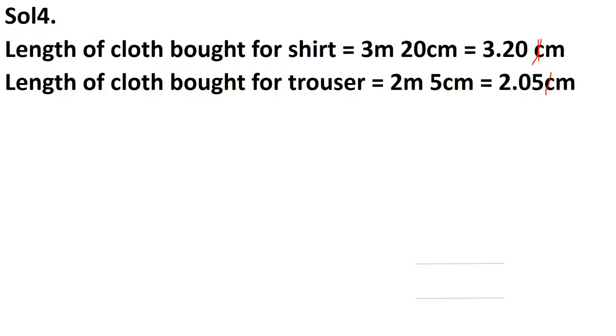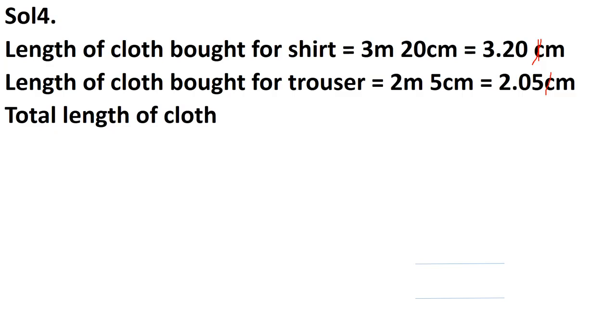Isn't it? This we have done earlier, that how to convert centimeter into meter. 100 centimeter equal to 1 meter. So 5 centimeter equal to 5 upon 100 meter. So decimal will come before 2 digits. So it is decimal 05.